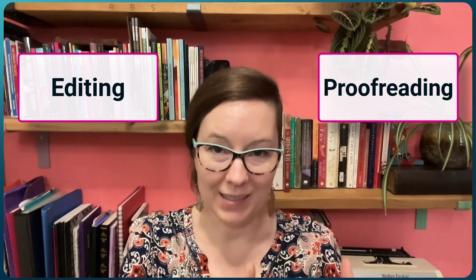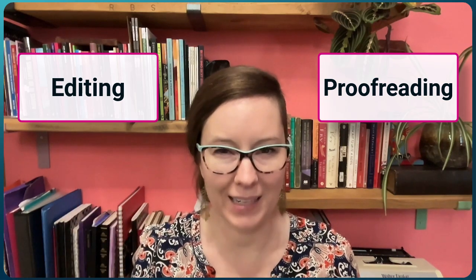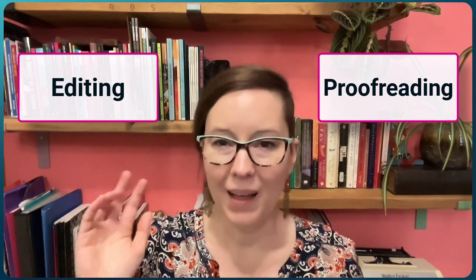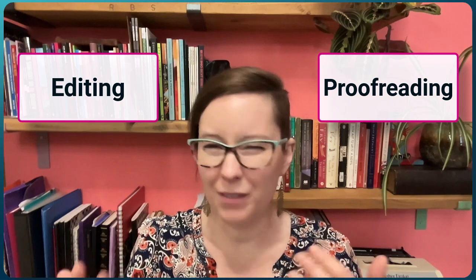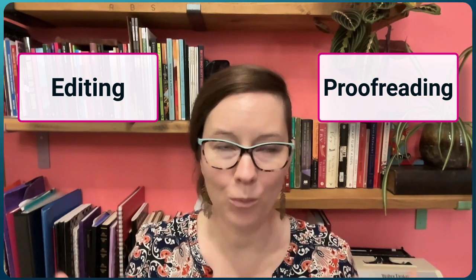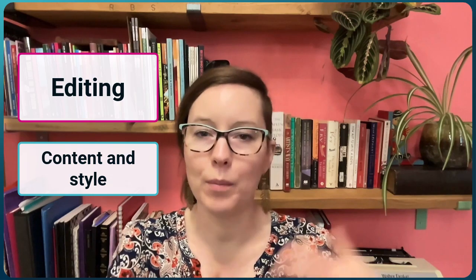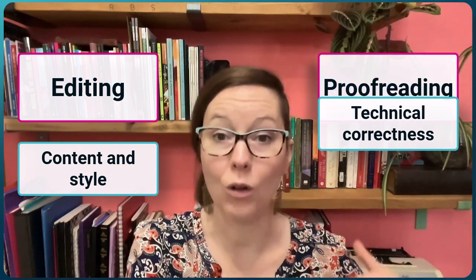Typically, these will be things that you'll do later, once you have a draft ready and you are starting to think about refining it. Editing and proofreading can be defined in slightly different ways. Some people will think of it more as editing being about content and style, and proofreading being about actual technical errors.